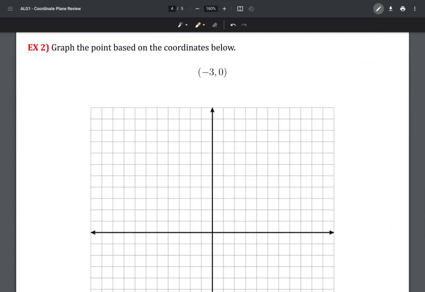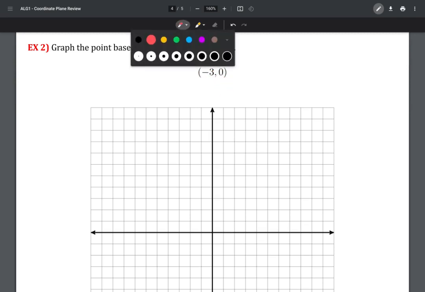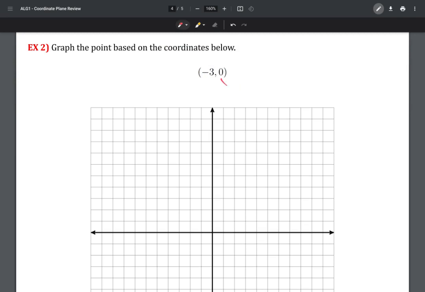Okay, in example 2, we need to once more graph the point based on the coordinates below. This time, I don't have two nonzero values for x and y. I notice that my y-coordinate is 0. What this is telling me is that we do not move up or down. But because my x-coordinate is a -3, I am going to need to move to the left first.